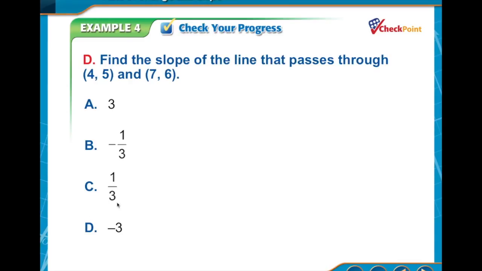Okay, so 4D, we can work through this using that formula. Find the slope given these points. So say I call this one x1, y1, and this one's going to be my 2s. Now those numbers are not numbers we're doing any operations with. That just helps us know which one comes where in our formula.